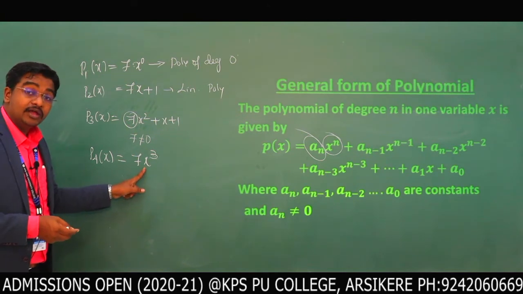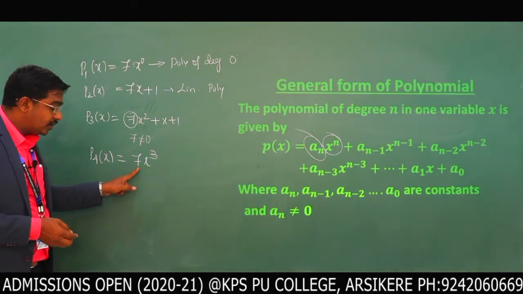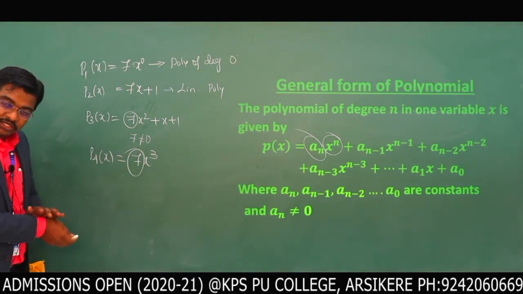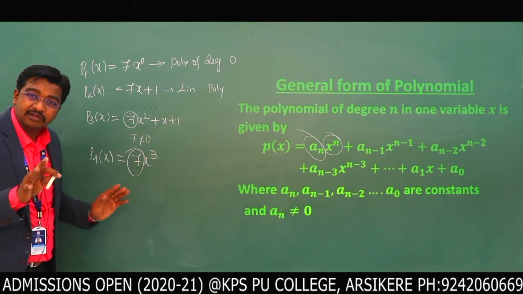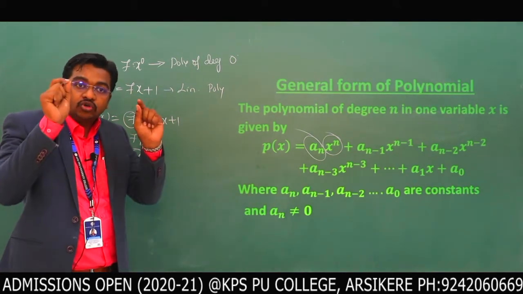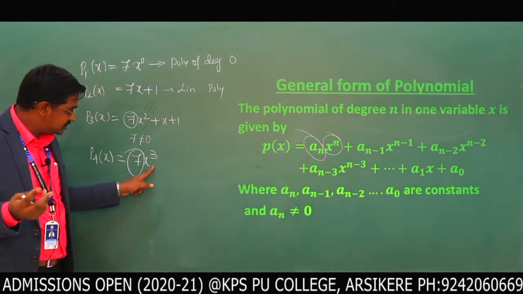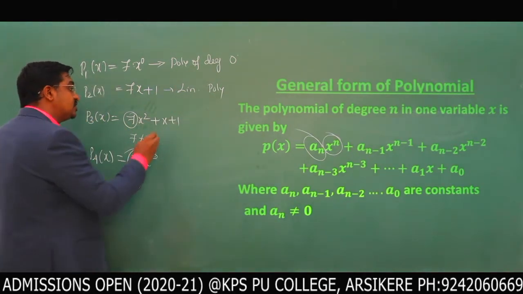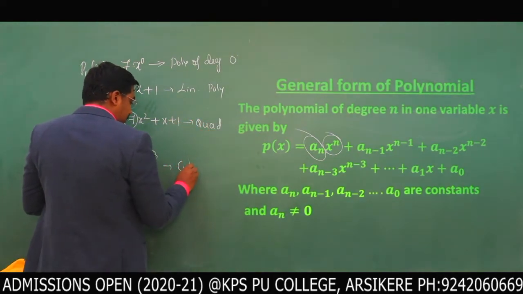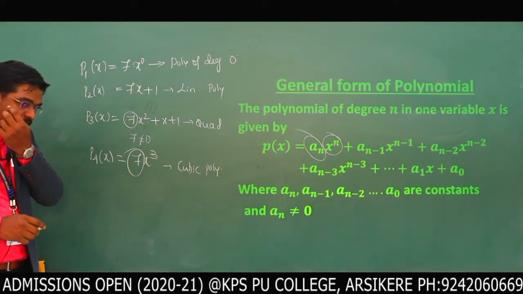So p4 of x is equal to 7x cube, and the leading coefficient here is 7. It is not equal to 0, and we should not worry about the rest of the terms. No x square term, no x, no constant. This is not the case here. So what is the highest degree term here? x cube. So this is called a cubic polynomial. This is quadratic, and this is cubic polynomial.